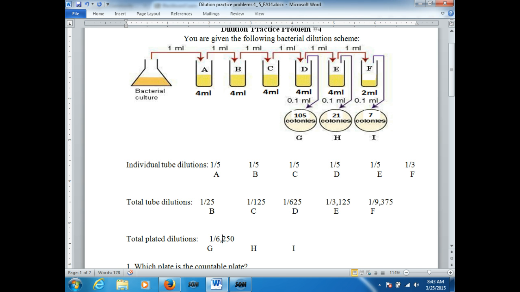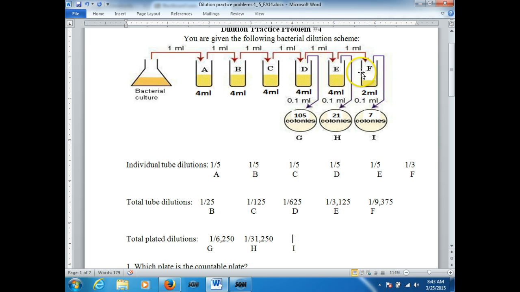6,250. For H, it's going to be whatever tube E it came from, multiplied by 10. So we're adding a 0, right? 3,125, add a 0. So that's going to be 31,250.